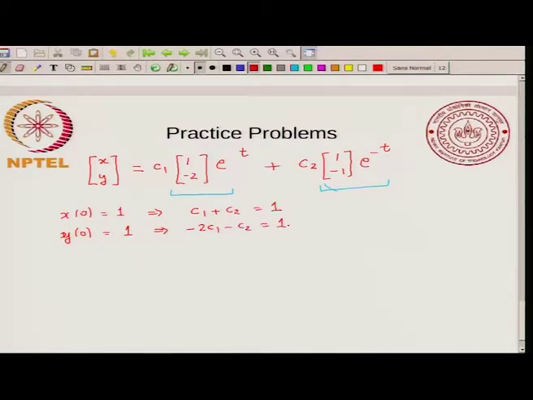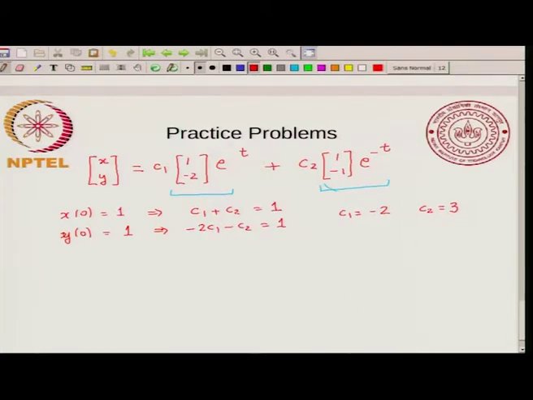If you add these two, you will get minus C1 plus 0 equal to 2. So, C1 equals minus 2, and then C2 has to be equal to 3, and you can verify.